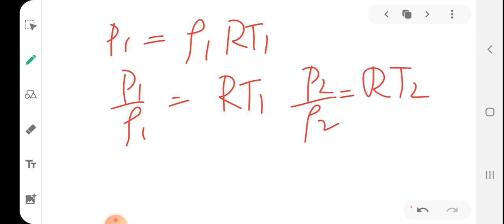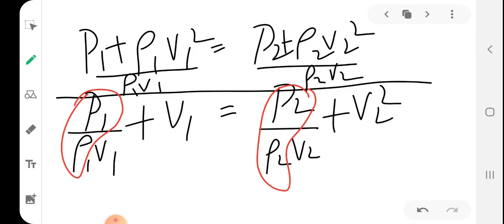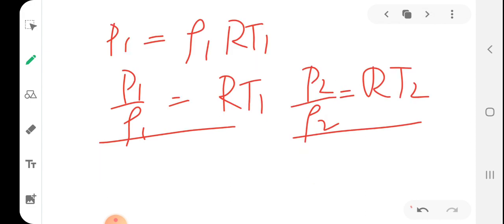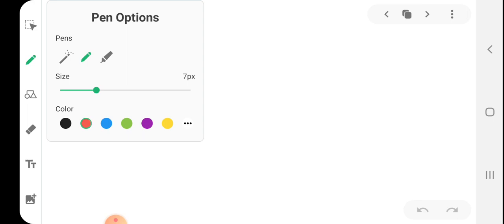So I am substituting these two equations here.